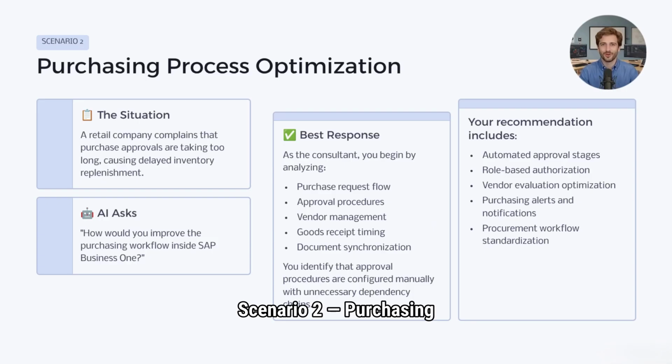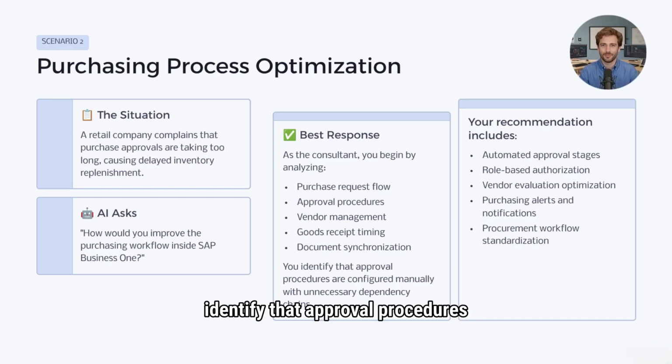Scenario 2: Purchasing process optimization. A retail company complains that purchase approvals are taking too long, causing delayed inventory replenishment. The AI stakeholder asks, how would you improve the purchasing workflow inside SAP Business One? As the consultant, you begin by analyzing purchase request flow, approval procedures, vendor management, goods receipt timing, and document synchronization.